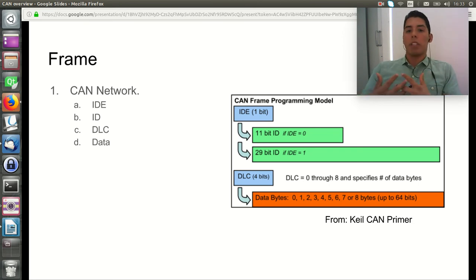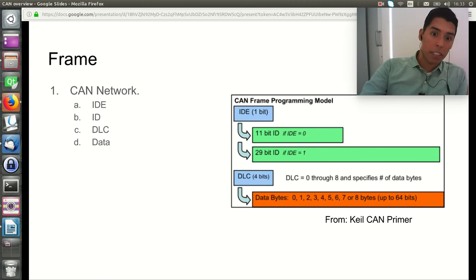The third part is the DLC, or data length code. It is 4 bits in length and determines the data bytes from 0 to 8 bytes. And the last part is the data bytes, which can be anything and go from 0 to 8 bytes in length.